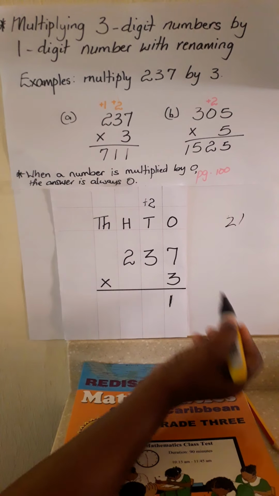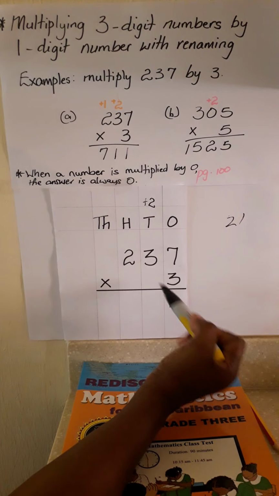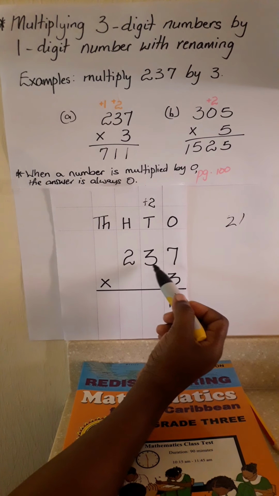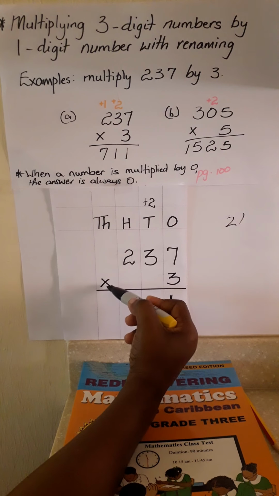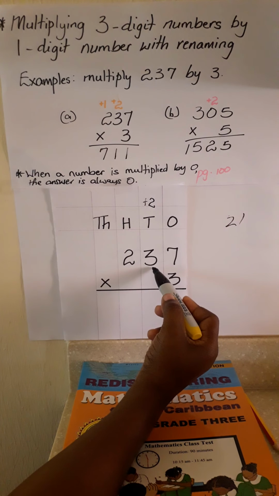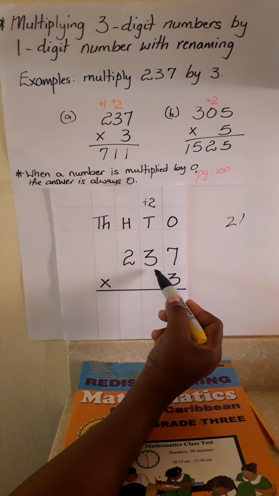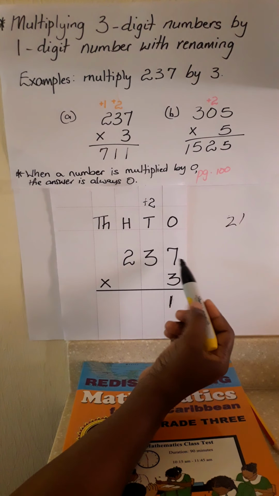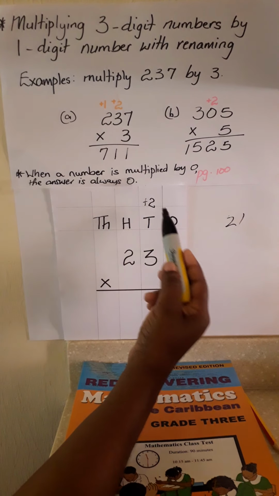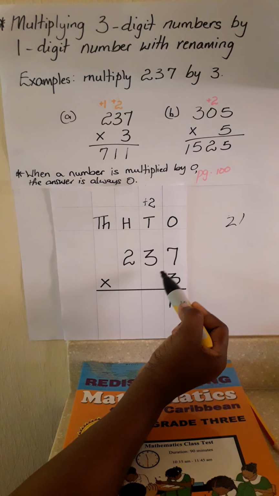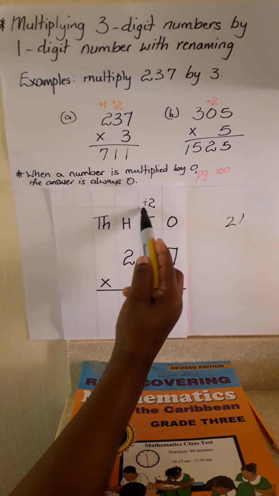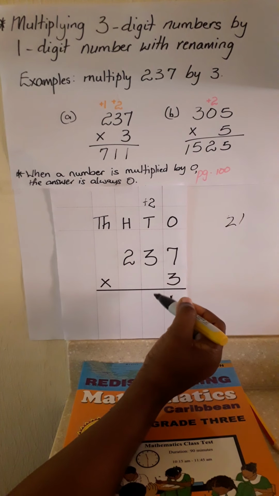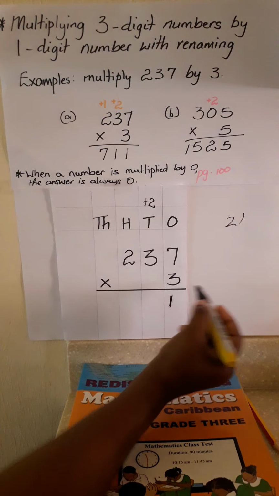So let's go again. We are moving on now to the tens column, the digit in the tens column. We are going to multiply that. So we have 3 times 3, and 3 times 3 is 9. Remember, we had carried over this 2 to the tens column, so we can't forget it. 9 plus 2 gives us a total of 11.